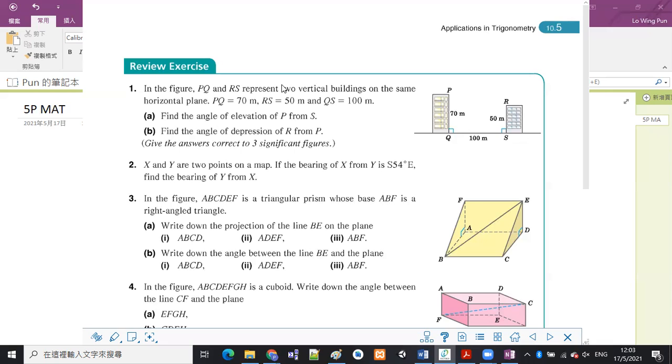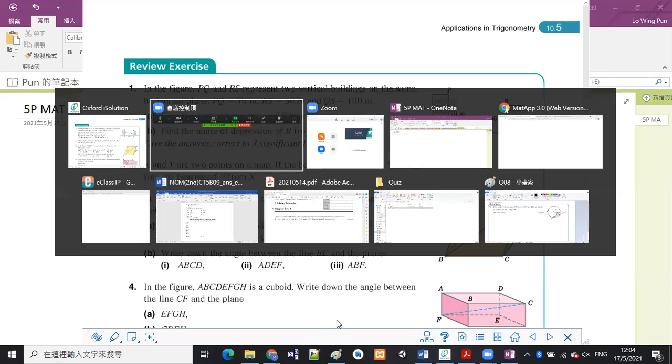Okay, so the description will be like this. Description will be find the angle of elevation of one point from another point. For example, in part A, I want to find the angle of elevation of P from S. So I'm going to do it like this.